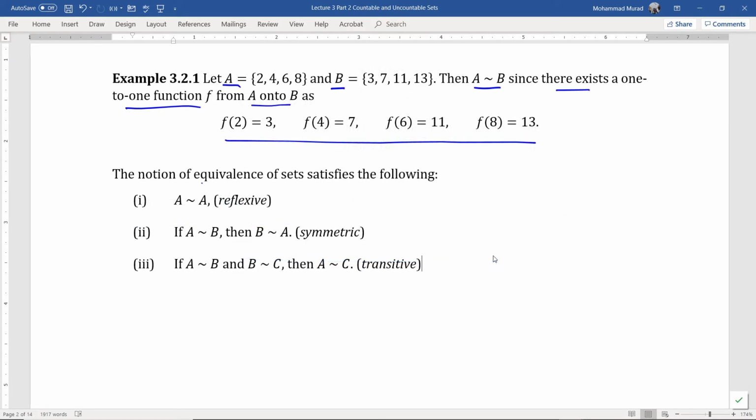The notion of equivalence of sets satisfies the following. 1. A set A is equivalent to itself.